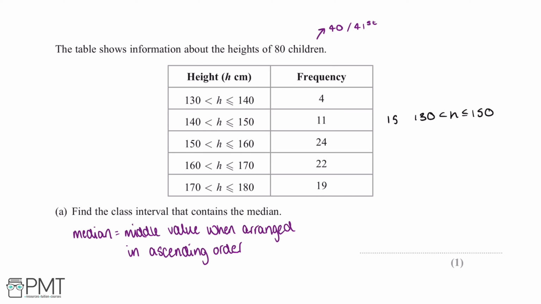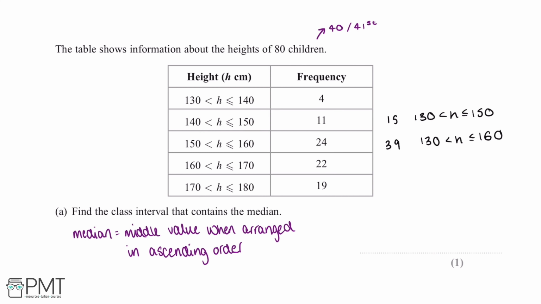If there are 15 people between 130 and 150 centimetres, and 24 people between 150 and 160 centimetres, then this means there will be 39 people between 130 and 160 centimetres.